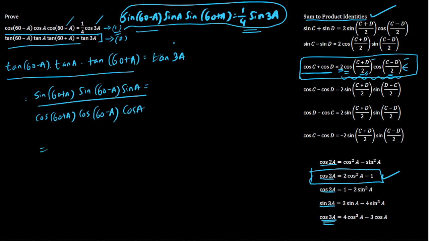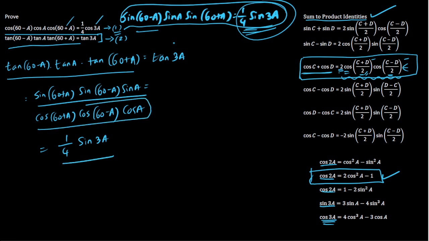But you also know the numerator is the same as what we proved before, so it's 1 by 4 sine 3A, and for the cos(60 plus A) cos(60 minus A) cos A part, we just proved that it is equal to 1 by 4 cos 3A.